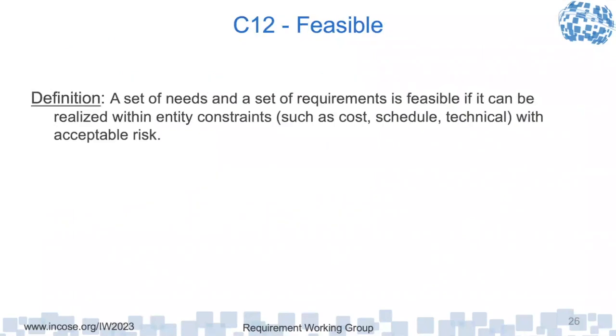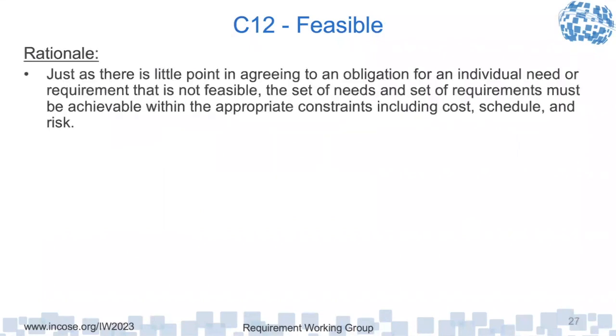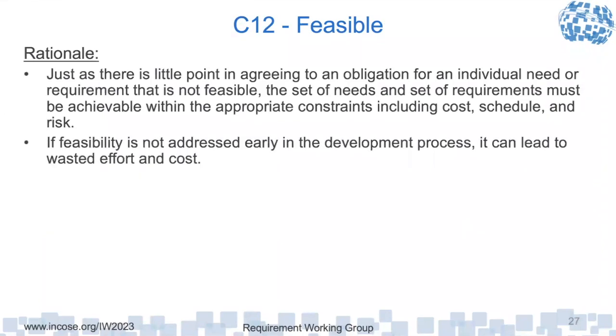A set of needs or requirements is feasible if it can be realized within the constraints of cost, schedule, and technical, with acceptable risk. Just as a little point, the same goes for the obligation of individual needs and requirements as for the set: if it's not addressed early in the development process, it can lead to wasted effort and cost.